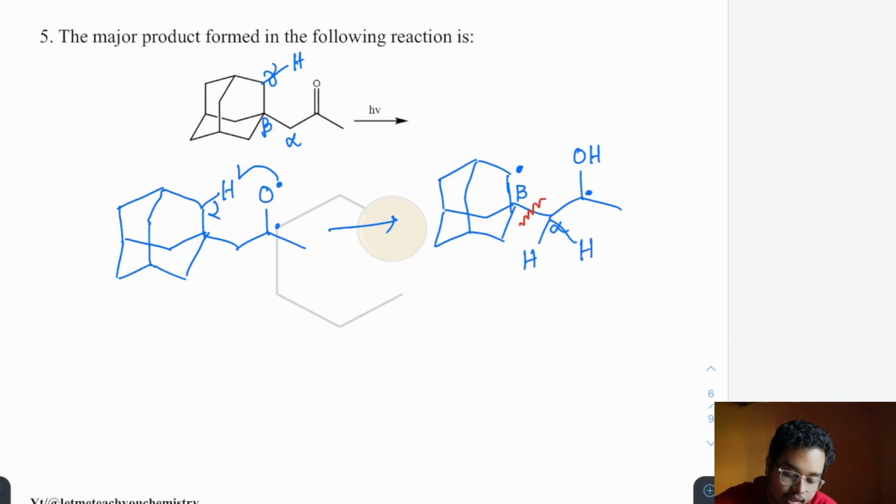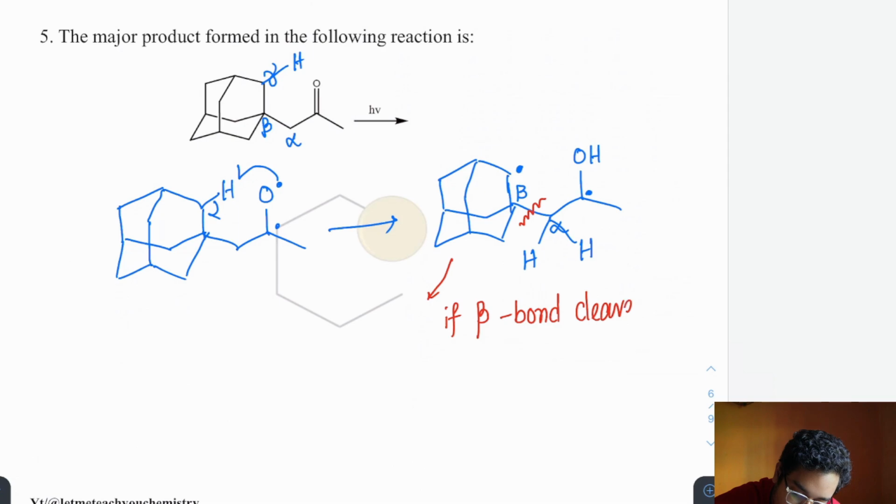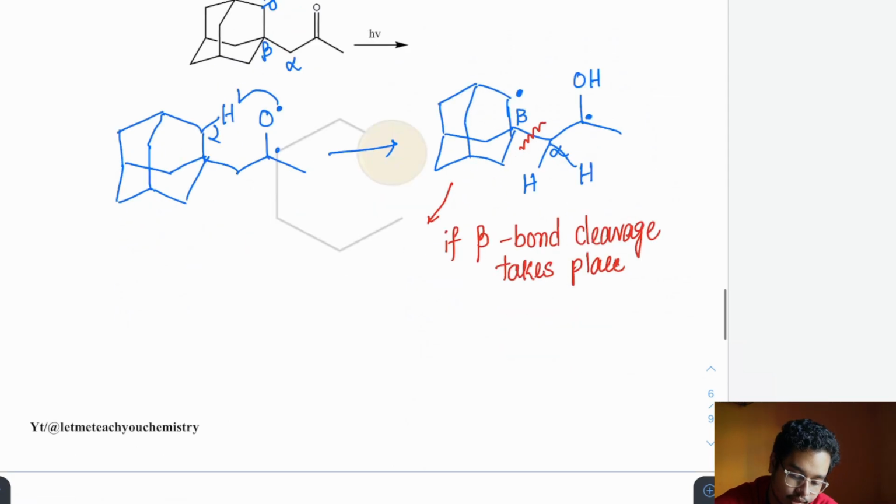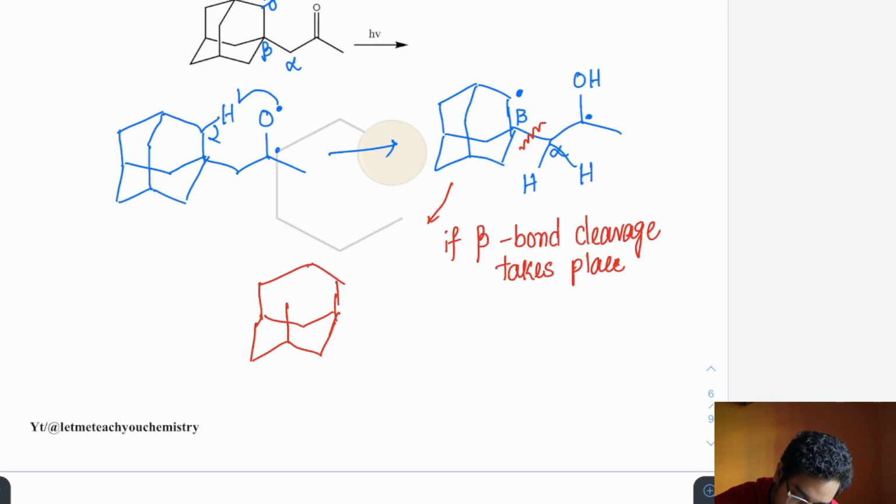However, if beta bond cleavage takes place, then what happens? Okay. So if beta bond cleavage takes place, then here is one radical, here is one radical. These two radicals combine and we get a disastrous thing.